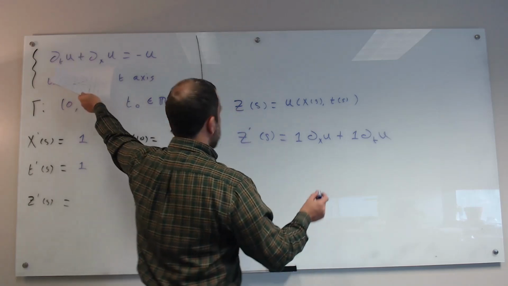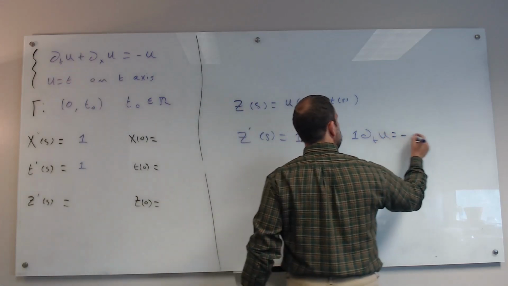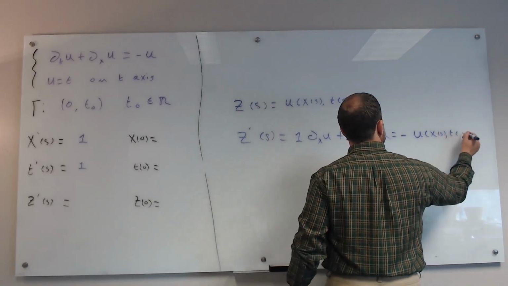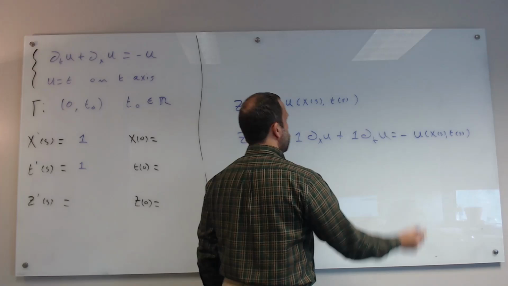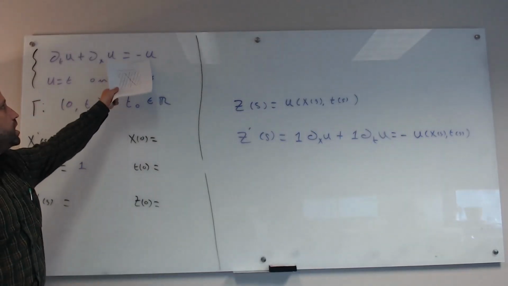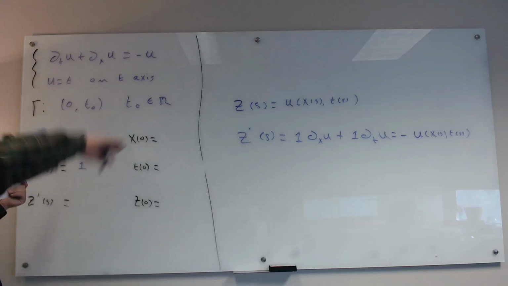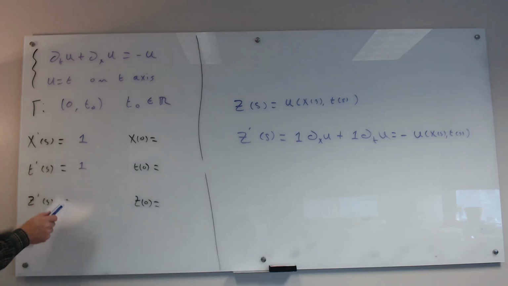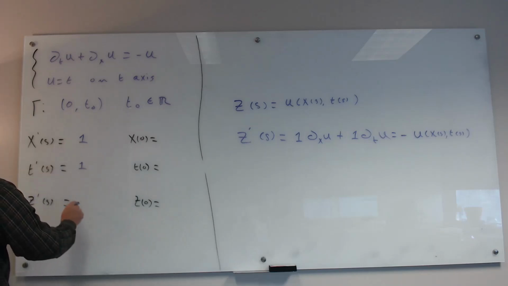But this is just the left-hand side of the differential equation. So this is equal to minus u of x of s, t of s. Well, that's just what z is. Okay, so whenever you see u, that just means z, because we're only looking at z along these characteristic curves, that is, the curves defined by x and t here. Okay, so this is going to be equal to minus z.